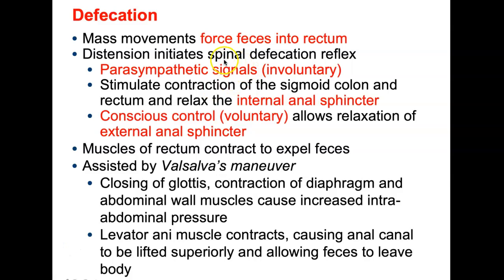Now we get to talk about defecation. So mass movements, forcing the feces from the descending colon through the sigmoid colon into the rectum. So your parasympathetic nervous system stimulates contraction of the sigmoid colon and the rectum, and relaxes the internal anal sphincter because that is involuntary.